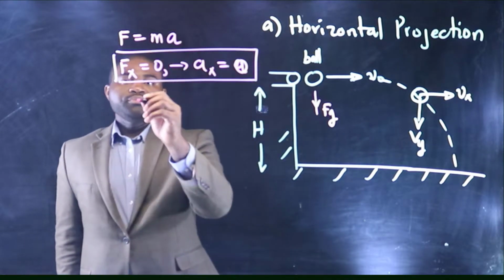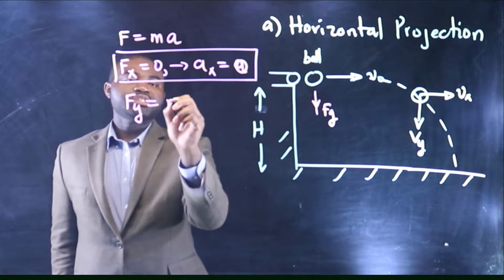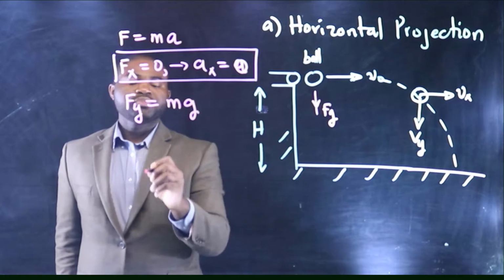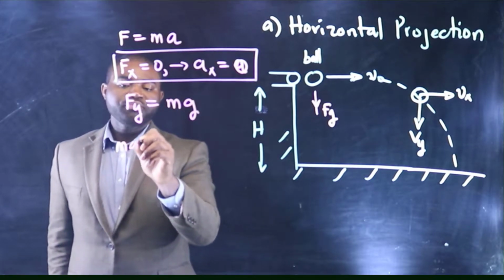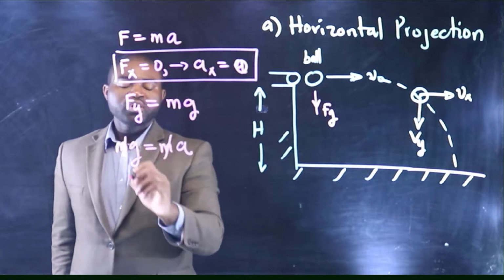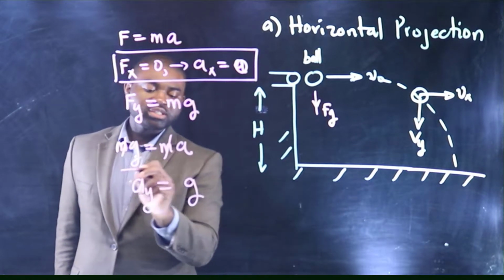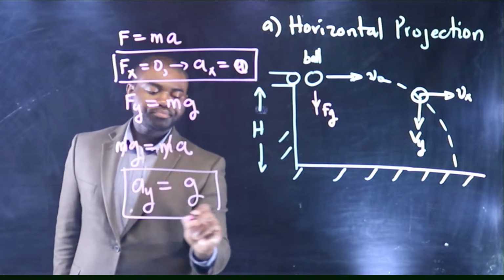In the same manner, the force acting in the y direction is just mg. This would mean that mg is equal to ma. Therefore, the acceleration in the y direction is just the acceleration due to gravity.